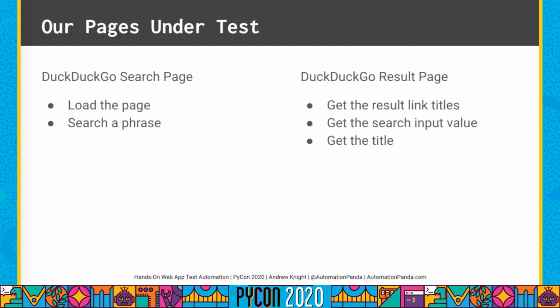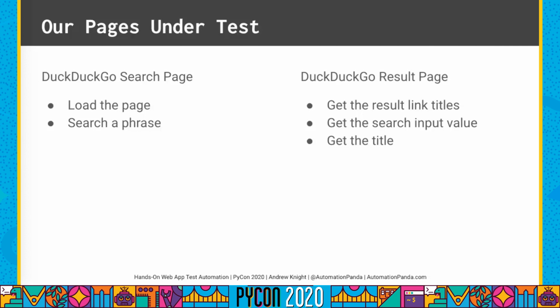Our test case interacts with two different pages. The first page it interacts with is the search page. And there are really two interactions it does. The test will load the search page, and it will search for a phrase on the search page. For the result page, there are technically three interactions, even though it's not necessarily doing something on the page to enact change.